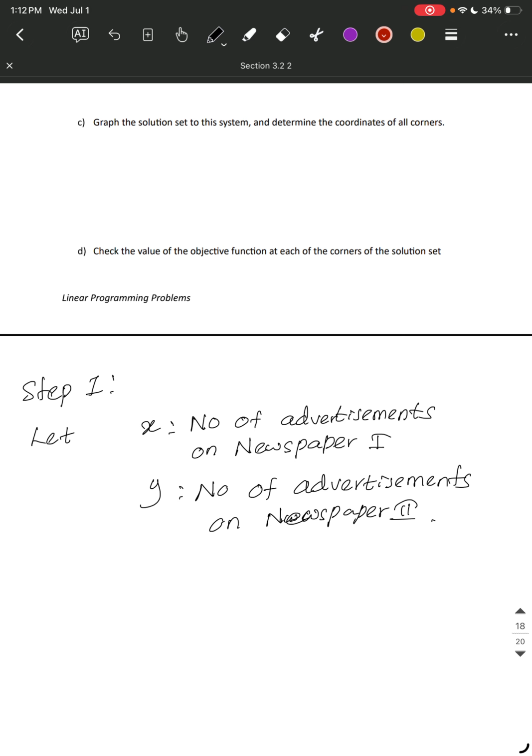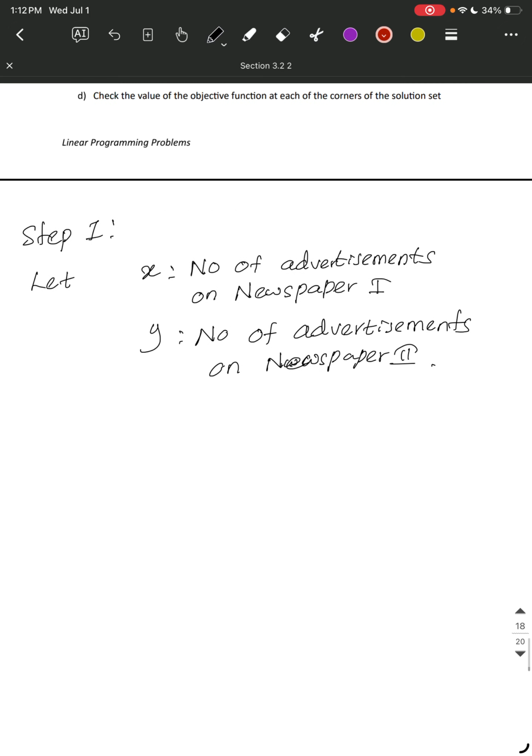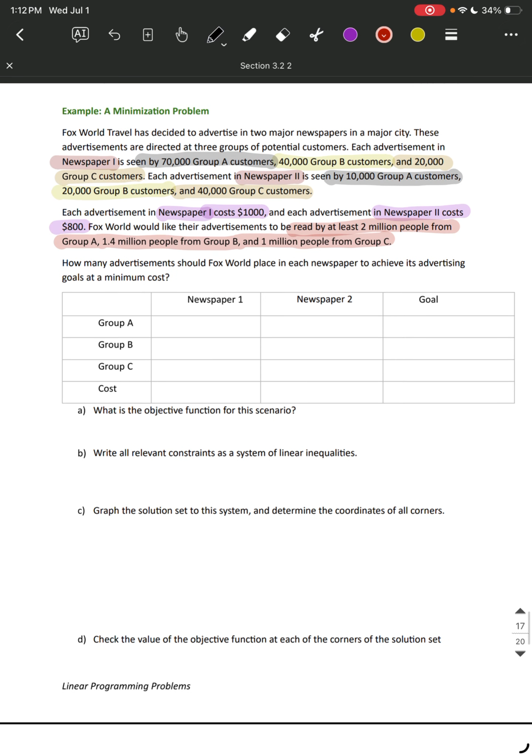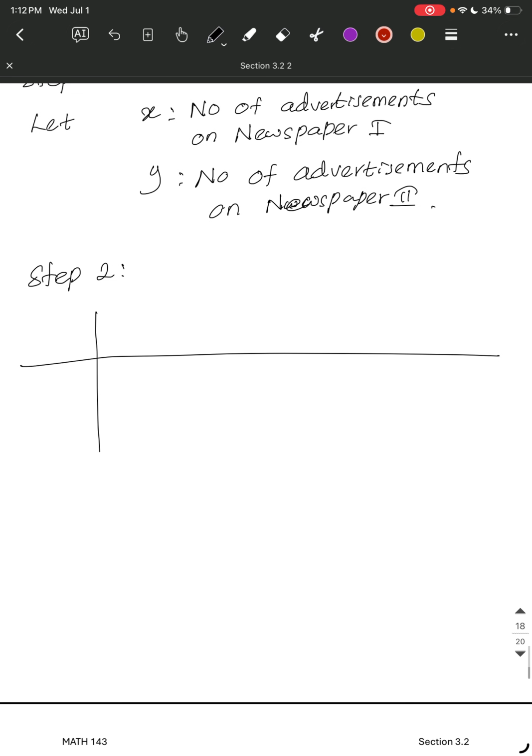Then let's define the objective function. Before that, complete the given two-way table.